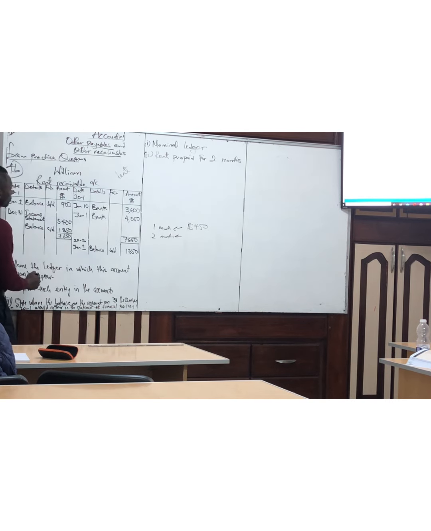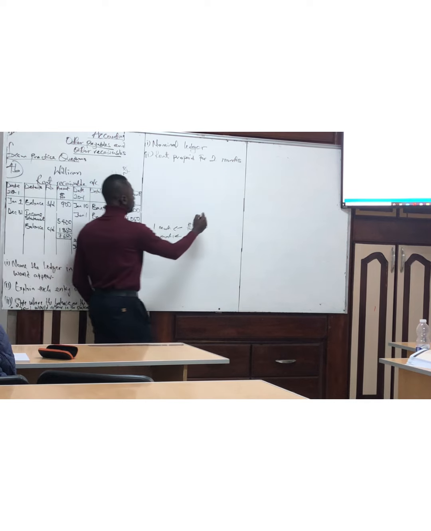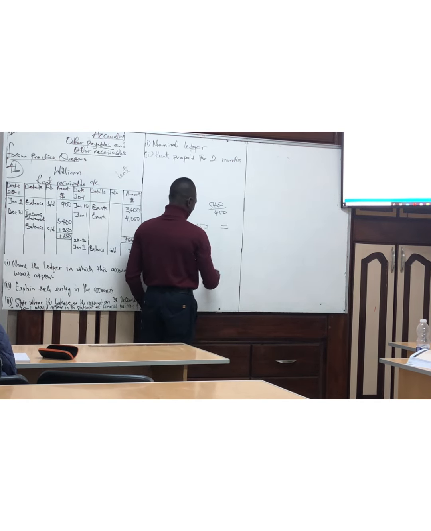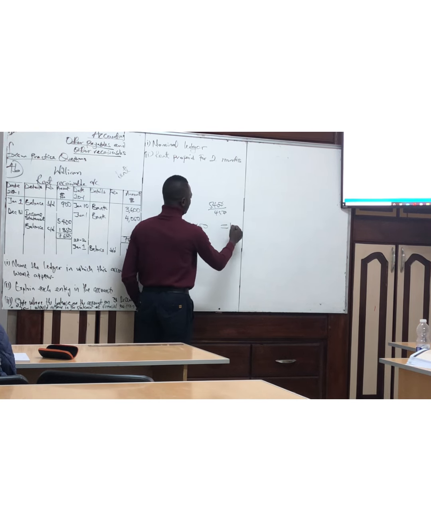The third one, this is the income statement. If this is the income statement, that is the revenue. And how much is it? 5,400, right? You say 5,400 divided by 450. What does that give you? 12.